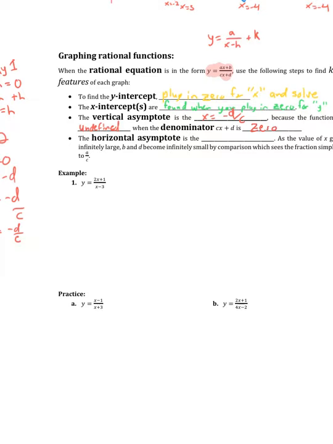And then the last part, this is the one that's different today. The horizontal asymptote is y equals a over c. And that's from right here. We have the a and the c, the leading coefficients of the x values.